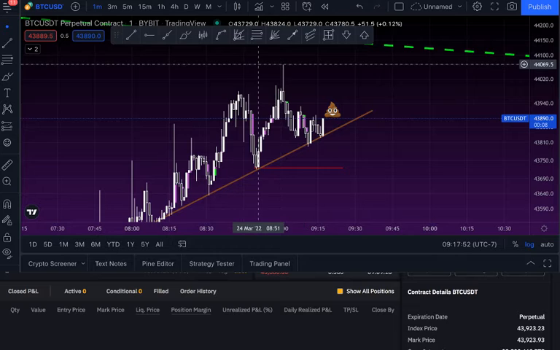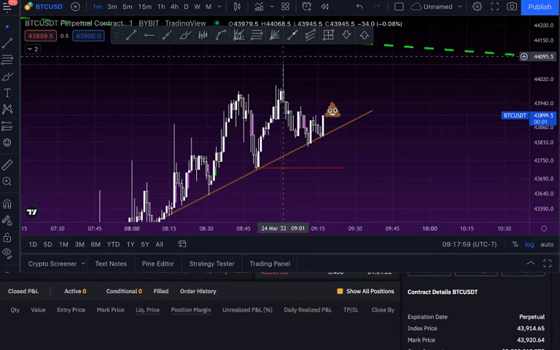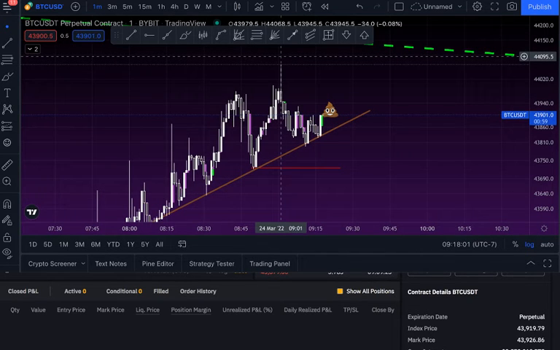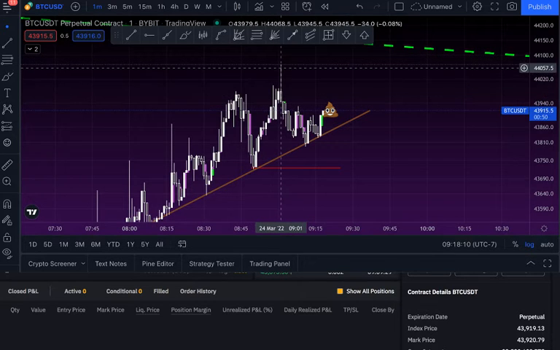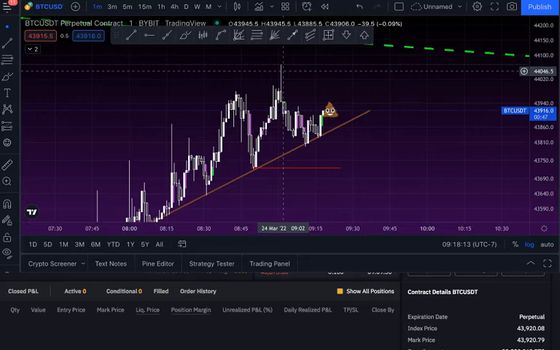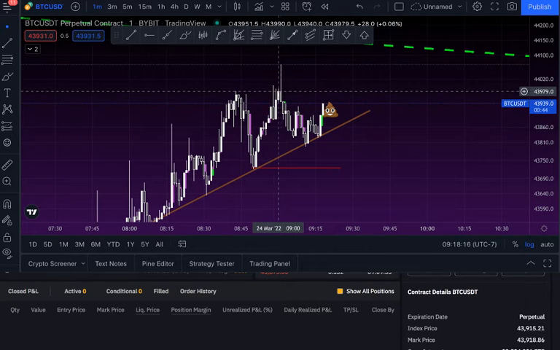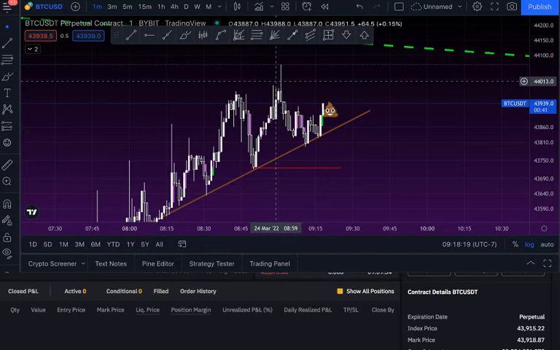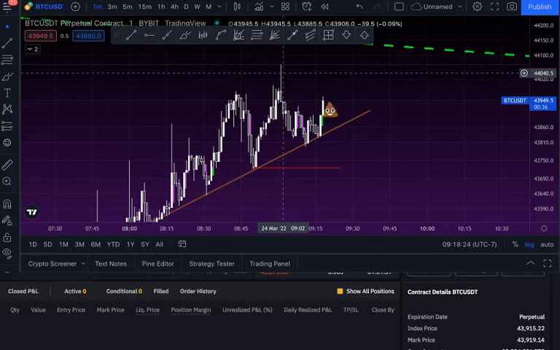You know that because we have a big high with 1 minute candles on either side that are lower than that high. It doesn't have to be lower than the first candle, but it has to be lower than the middle candle. So we call that candle 1, candle 2, the high, and candle 3.